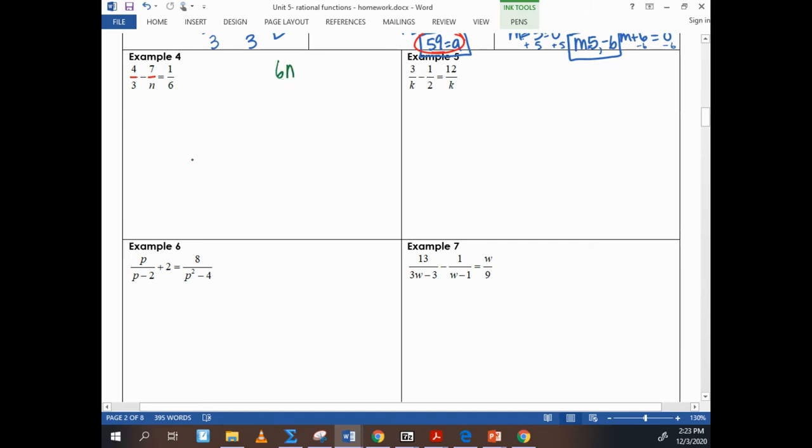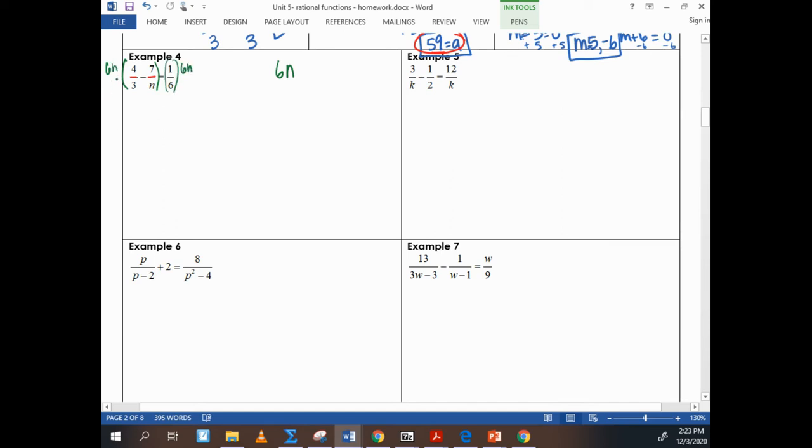If I choose 6n as my least common denominator, that divides by 3, because 6 divides by 3, n divides by n, and 6 divides by 6. So I can wipe out all those denominators by multiplying both sides of my equation by 6n.